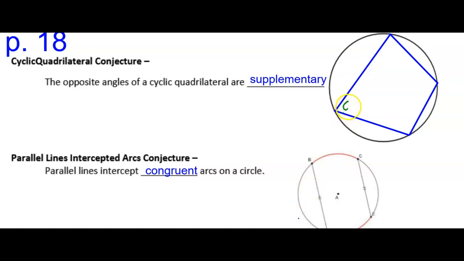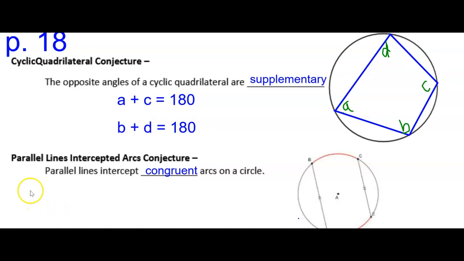So if we call this A, and then we've got B, C, and D, think about which two should add up to be 180. So A plus C would equal 180 degrees, and then B plus D would equal 180 degrees.